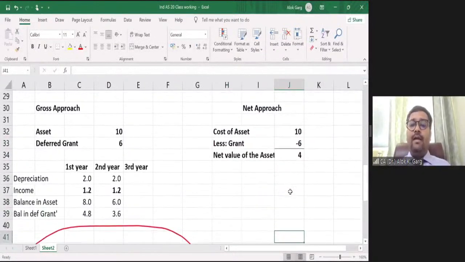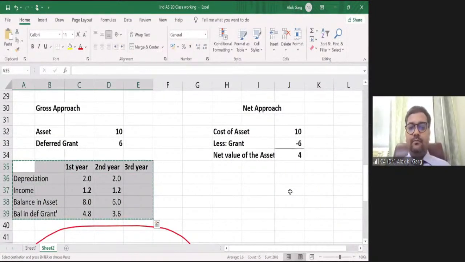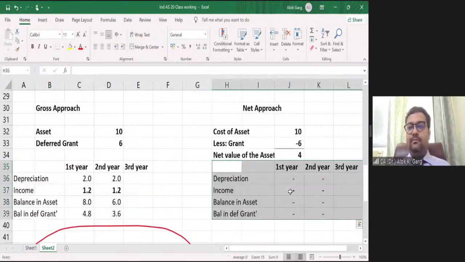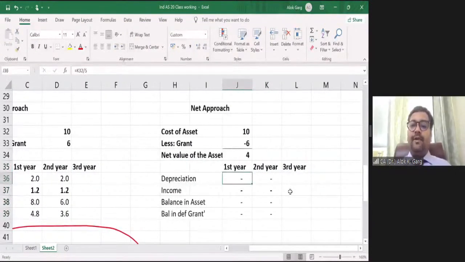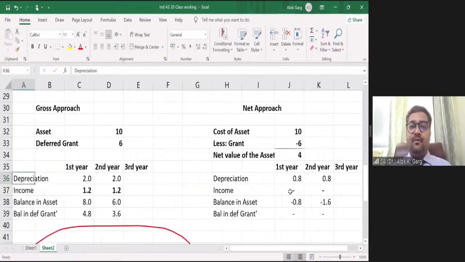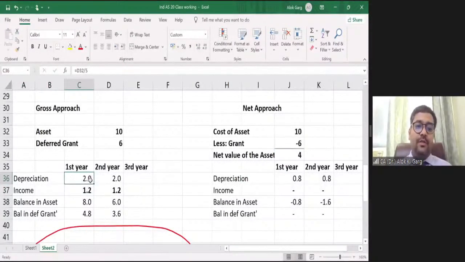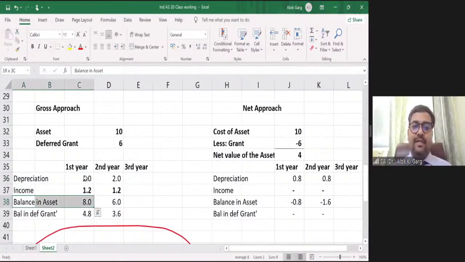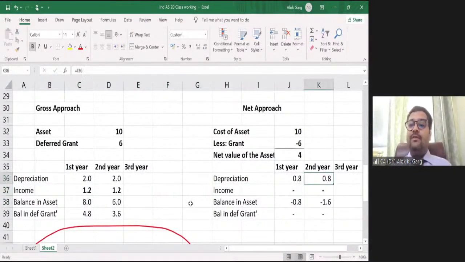And now what will be the accounting entry in the first year? In the first year, what will be the depreciation? 4 divided by 5, 0.8. You will see this impact is 0.8 only. When you reduce 1.2 from 2, the net P&L impact is 0.8 only. If you see here, the net P&L impact is 0.8: 2 expense, 1.2 income. So here it is also 0.8.